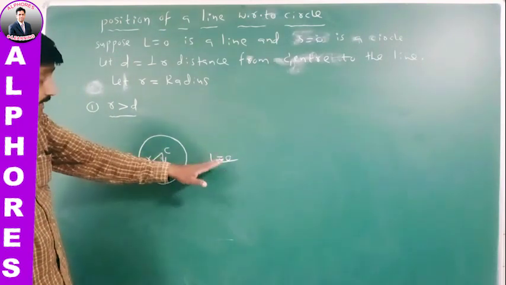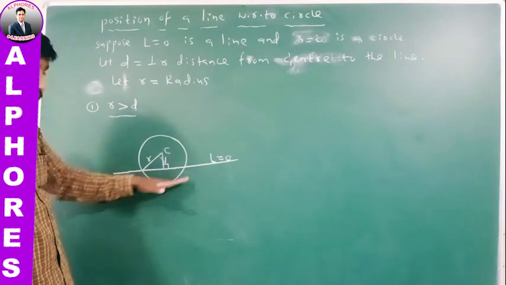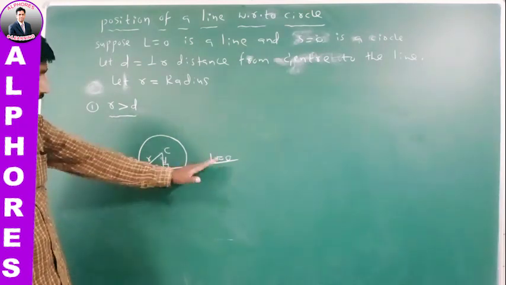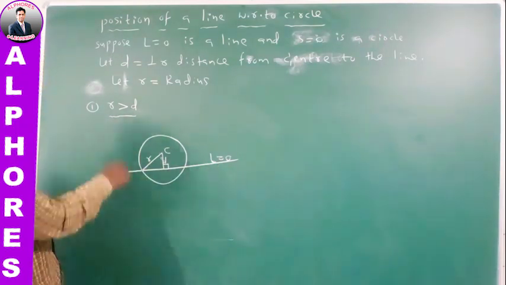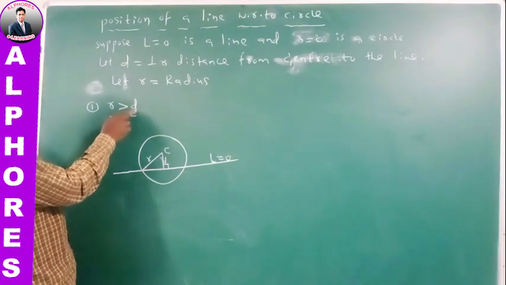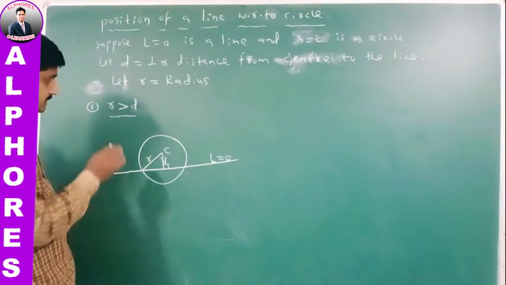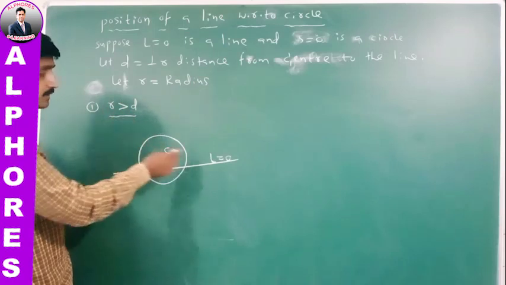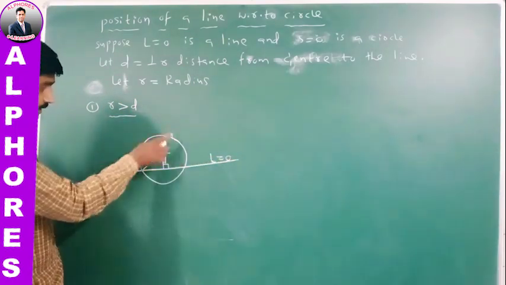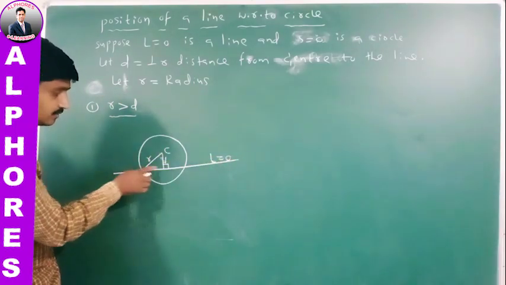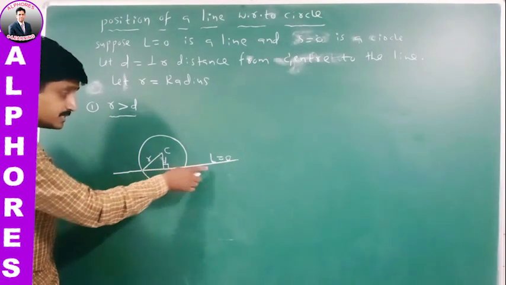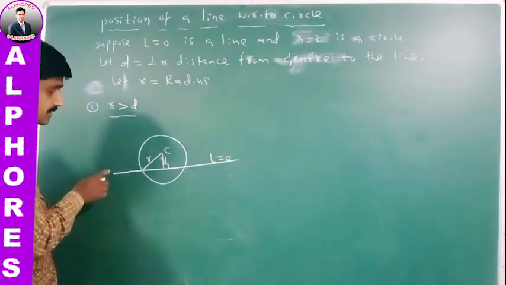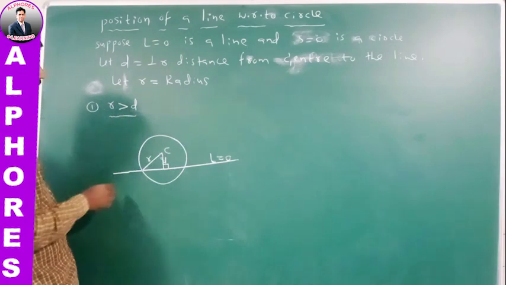It means L equals 0 is a secant of the circle.